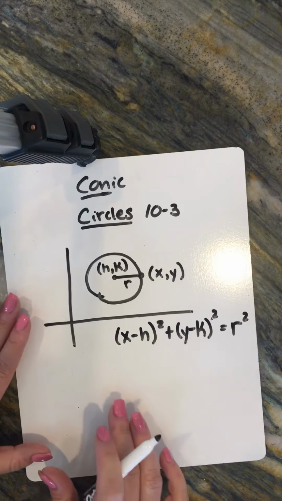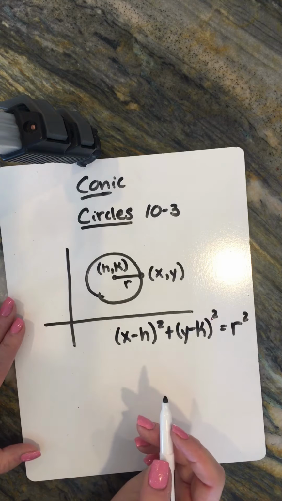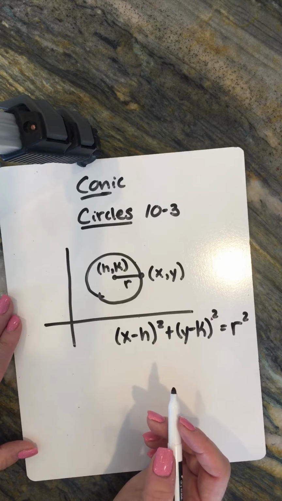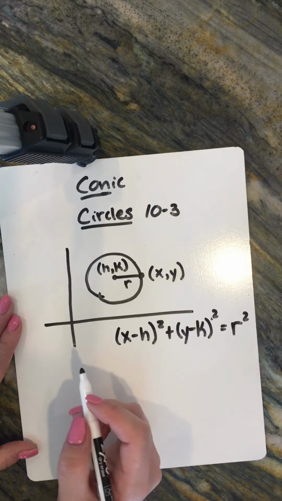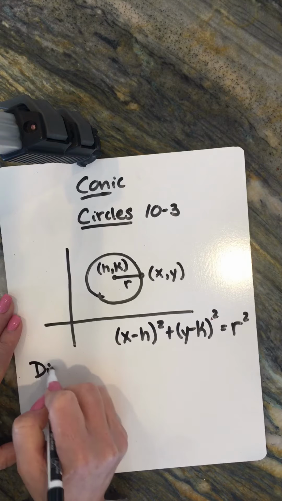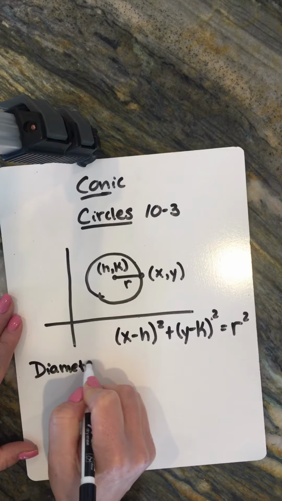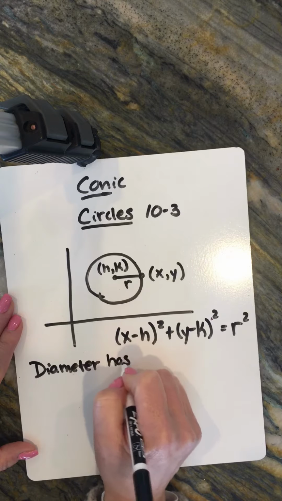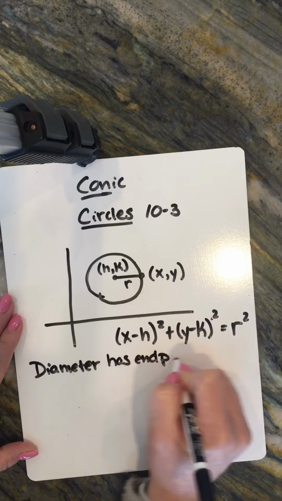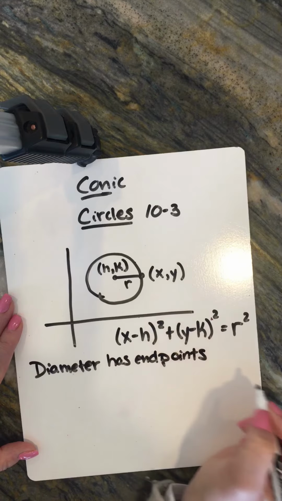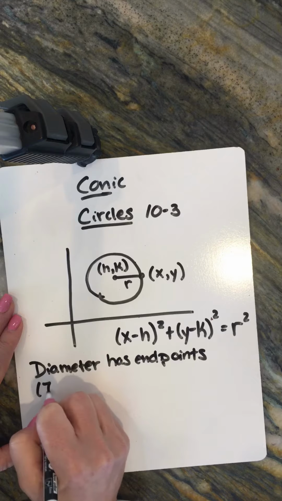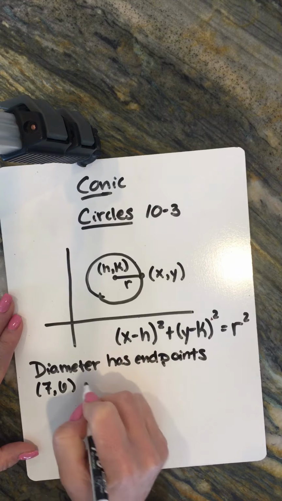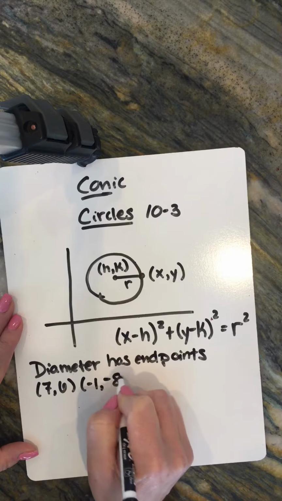So if we talk about writing an equation, let's say that the equation has a diameter. A diameter has endpoints, and the endpoints are (7, 6) and (-1, -8).